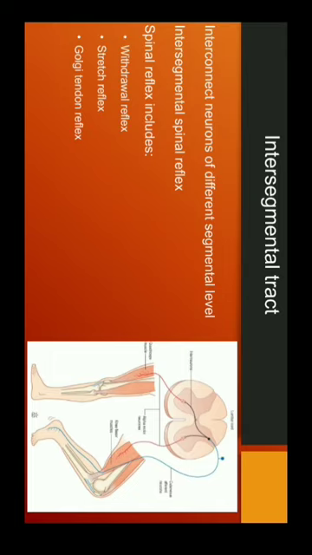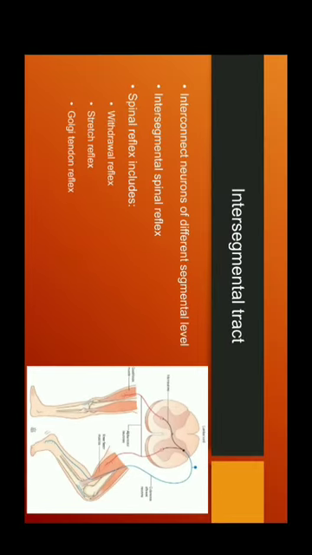These are the afferent fibers which carry the pain sensations, which relay in the interneurons, and from there the interneurons relay to the motor neurons, which supply the upper muscles, causing a contraction. This reflex is called the withdrawal reflex.